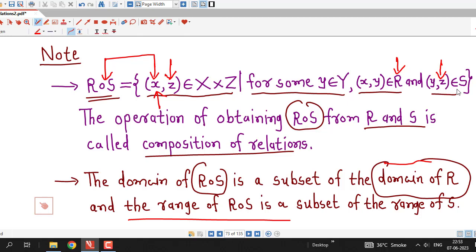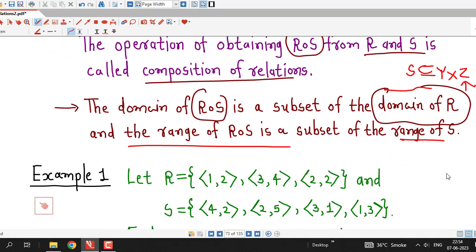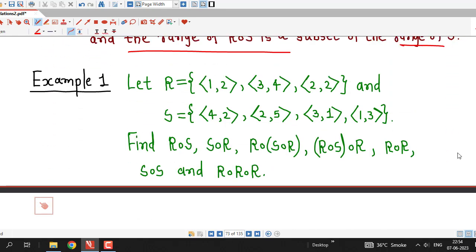So here Z belongs to this set capital Z. So here range of R composite S is a subset of the range of S. S is a relation from Y to Z. Therefore range of S is a subset of Z, and range of R composite S is a subset of range of S. So here I have taken one example to explain how to find out composite of given relations.